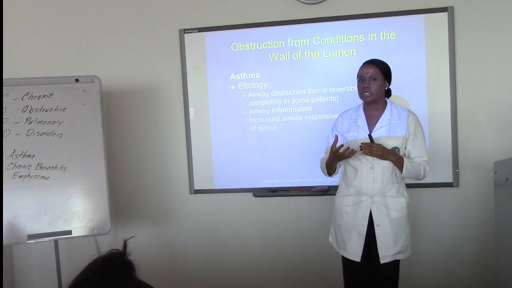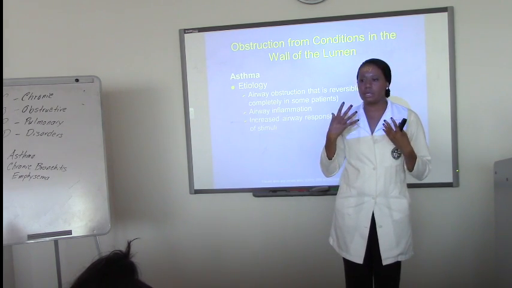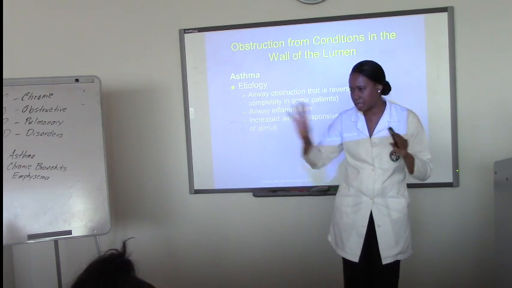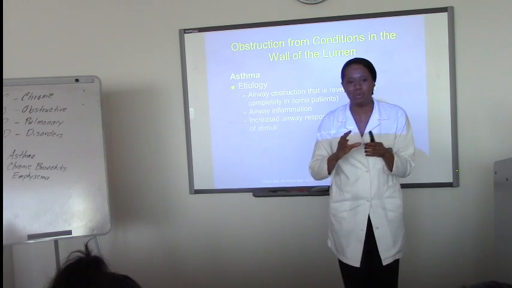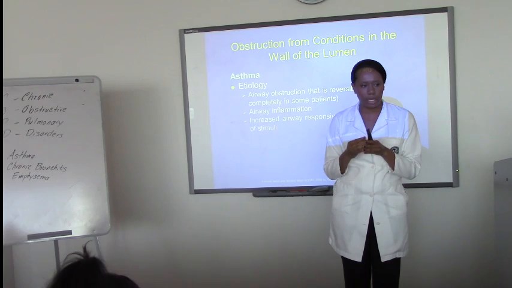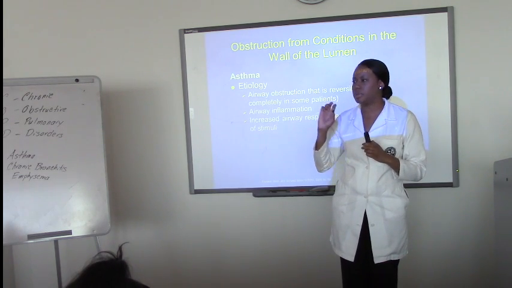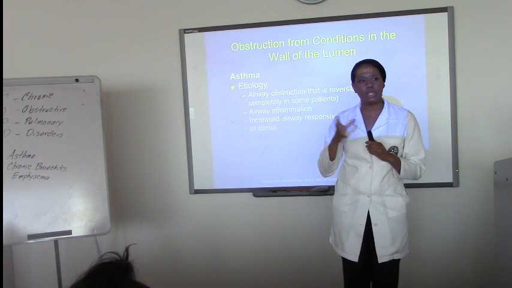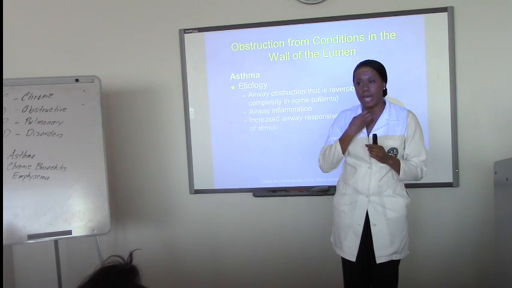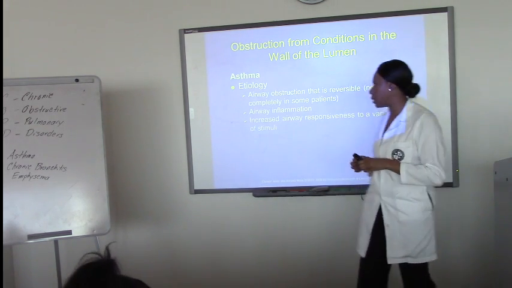And when that hypersensitivity reaction occurs, they will start to release a whole bunch of immune inflammatory response. I'll explain it again. What will happen is the immune response will get set off, okay? So they will start to secrete mucus and a bunch of immune cells, and everything just kind of clogs up the airway because it's trying to get rid of that allergen, but it's causing an issue by clogging up the airway.